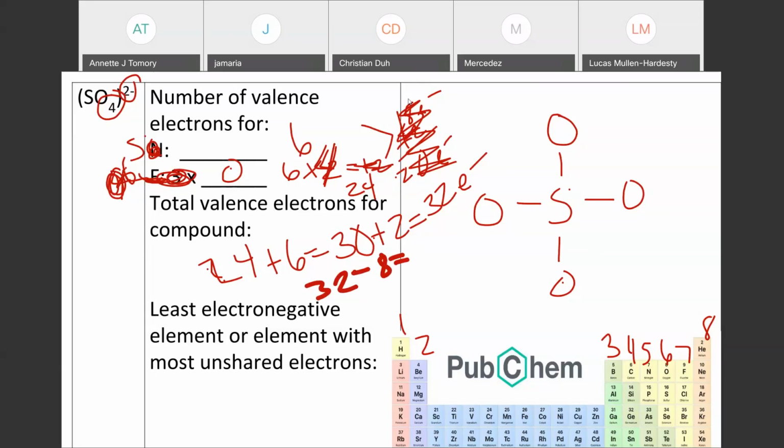All right, so that means I have to deal with those 24. There's my 24. Is everything in octet? Did I count that right?